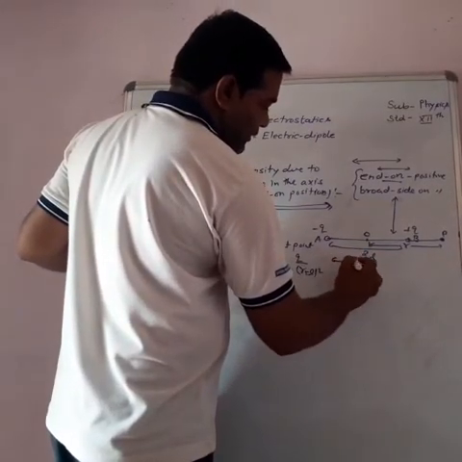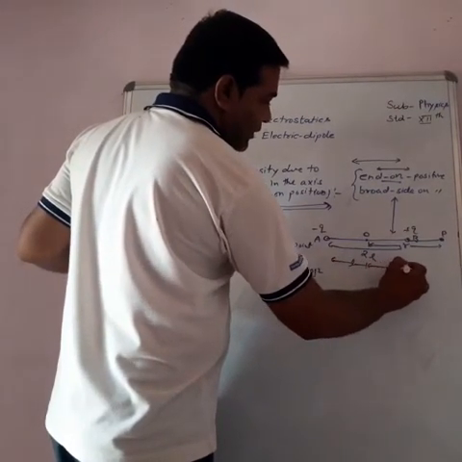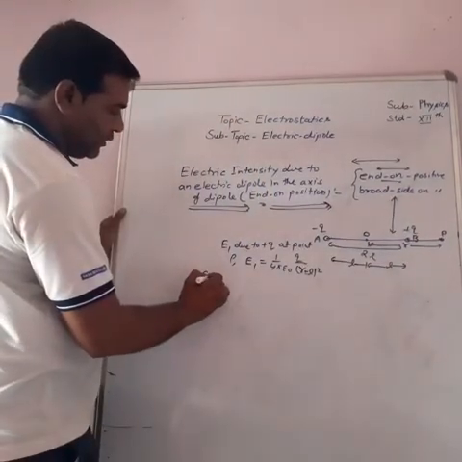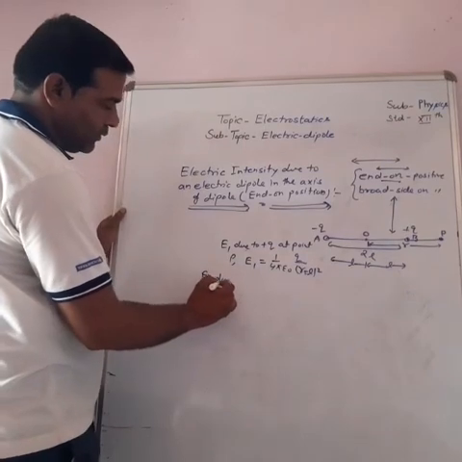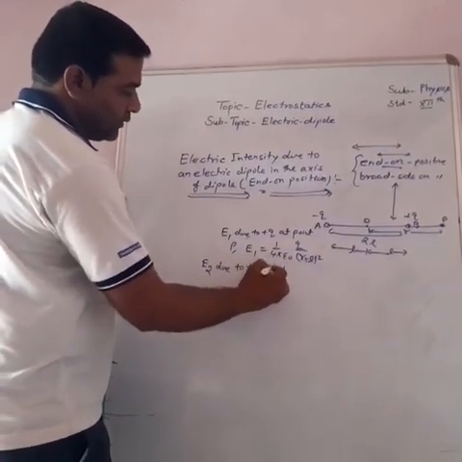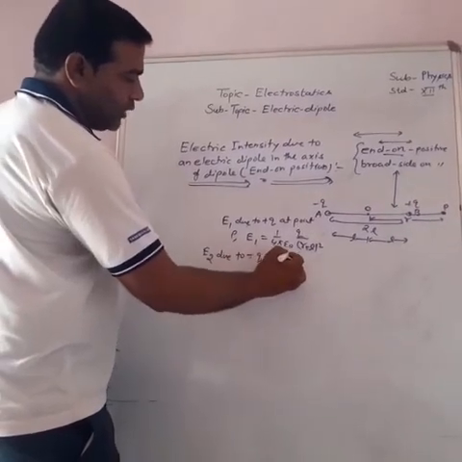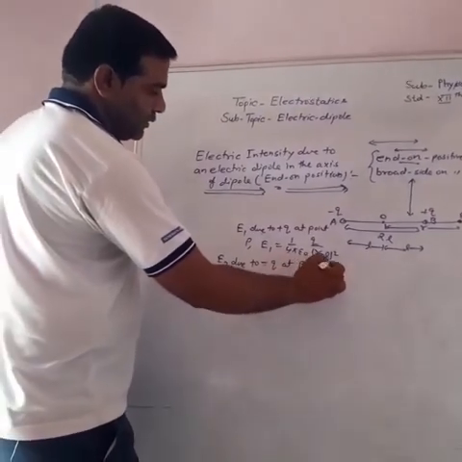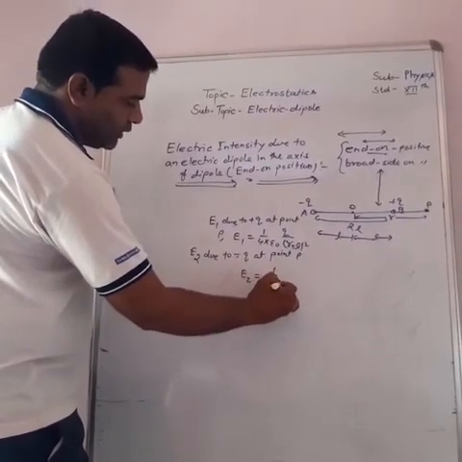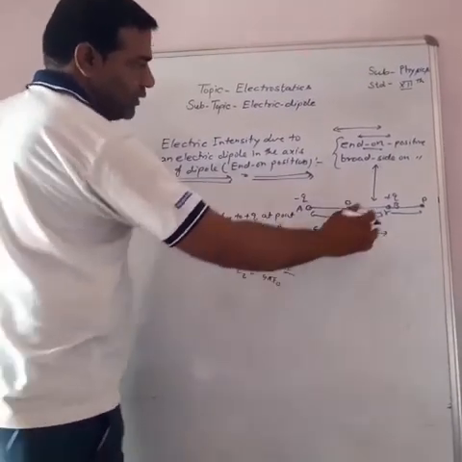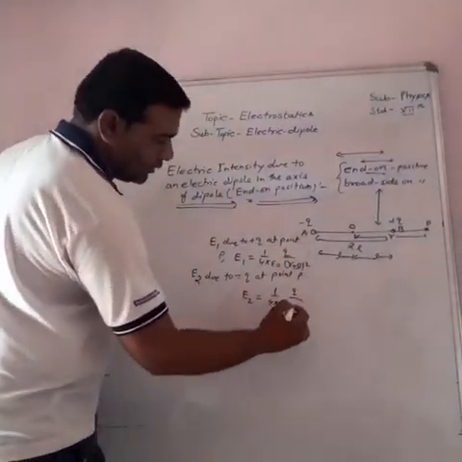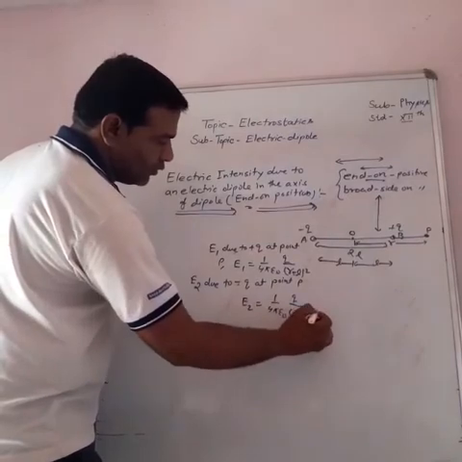Since this distance is R minus L. And E2 due to charge minus q at point P is 1/4 pi epsilon naught q upon, now here the distance of P from minus q, R plus L, whole square.